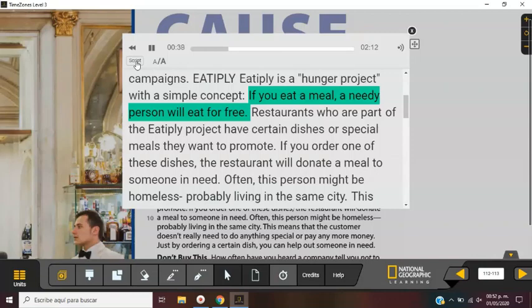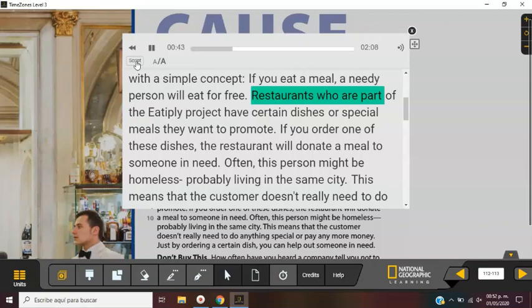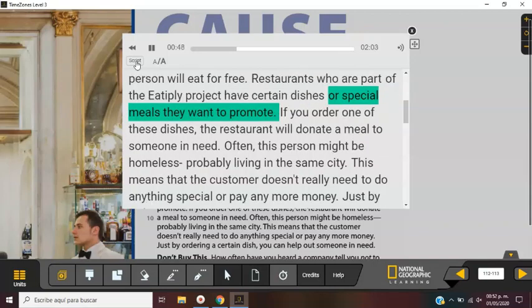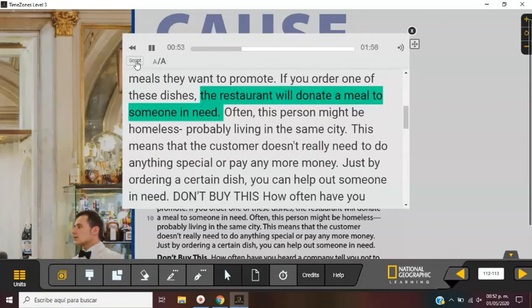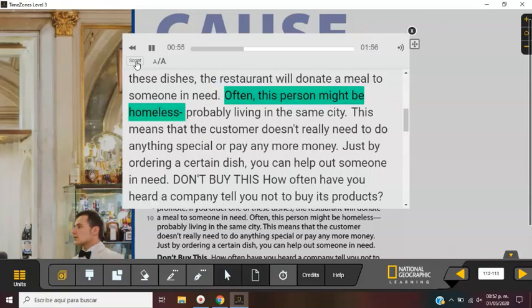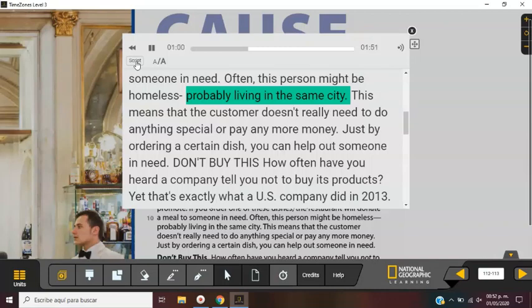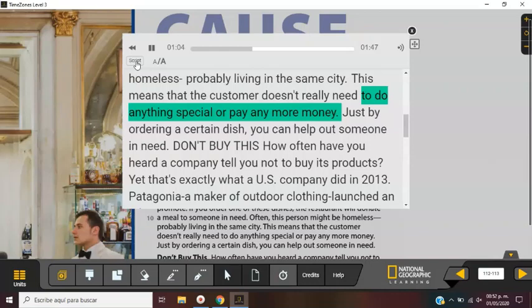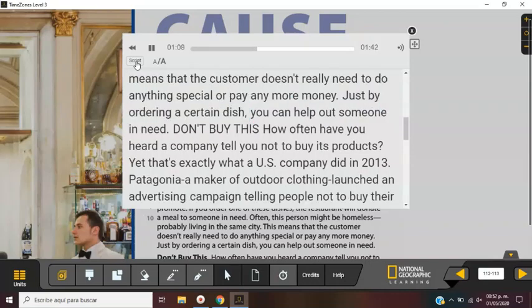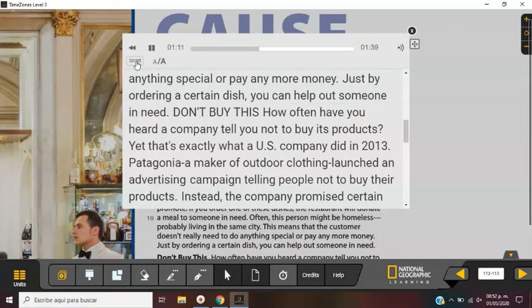If you eat a meal, a needy person will eat for free. Restaurants who are part of the Eat Apply project have certain dishes or special meals they want to promote. If you order one of these dishes, the restaurant will donate a meal to someone in need. Often, this person might be homeless, probably living in the same city. This means that the customer doesn't really need to do anything special or pay any more money. Just by ordering a certain dish, you can help out someone in need.